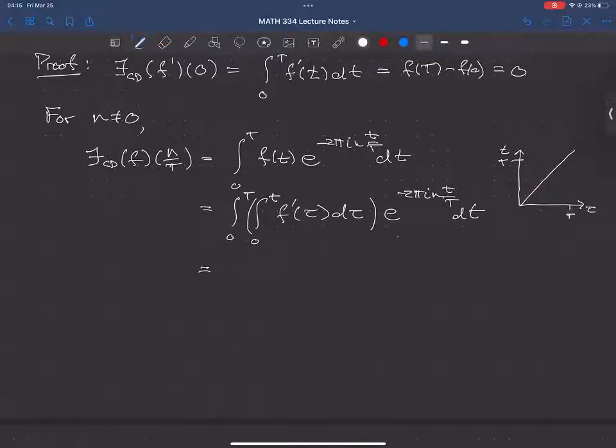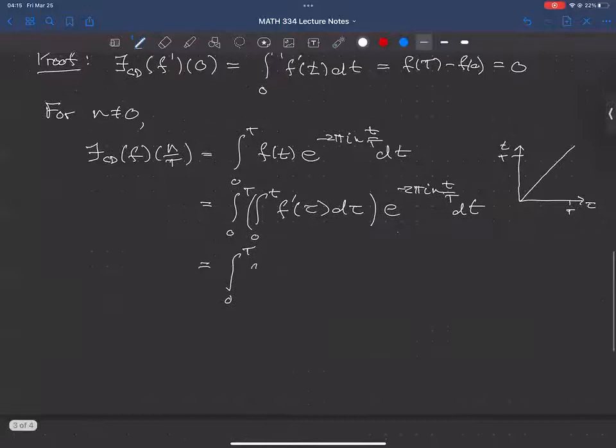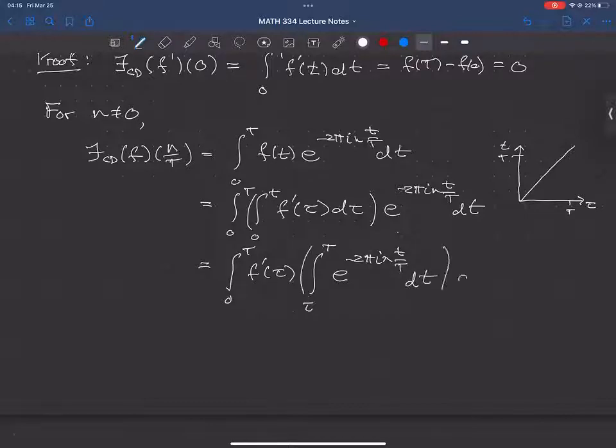I'm going to go integral from 0 to capital T, and first inside, I'm going to do the t integral. f prime of tau is constant with respect to that, so it's going to be f prime of tau, then the integral, and as I just said, I need to change the limits from tau to T, of e to the minus 2 pi i n t over T dt, and then d tau.